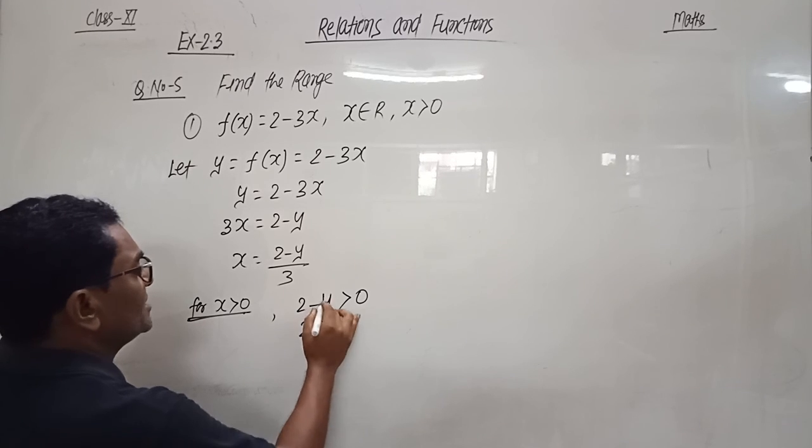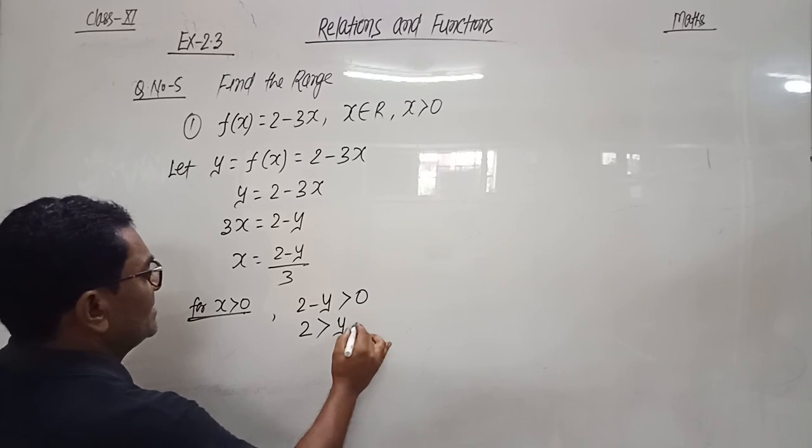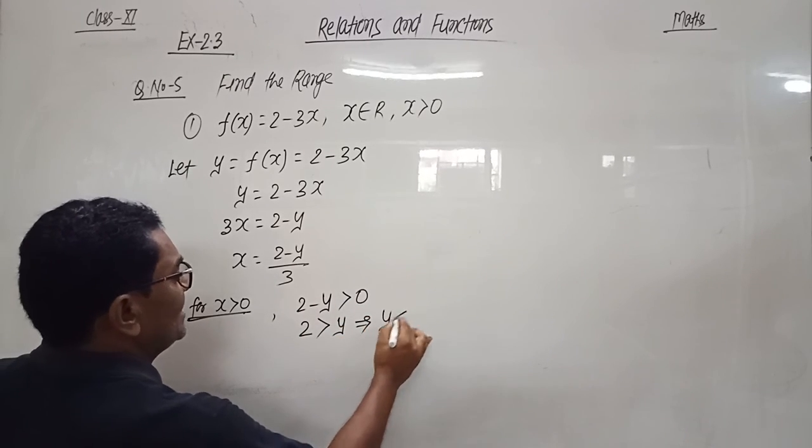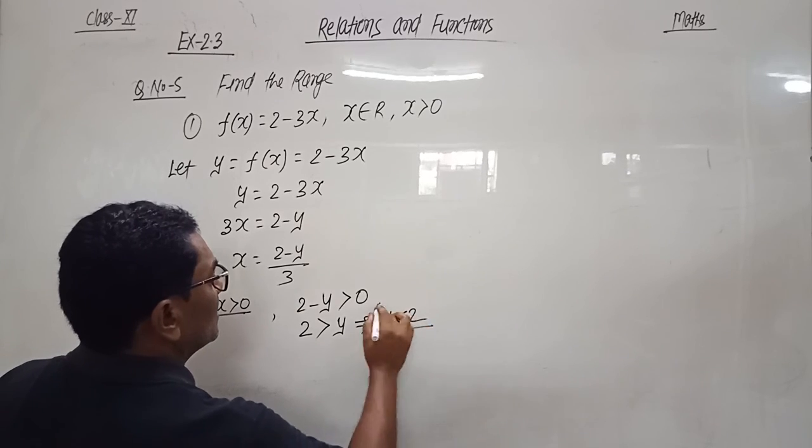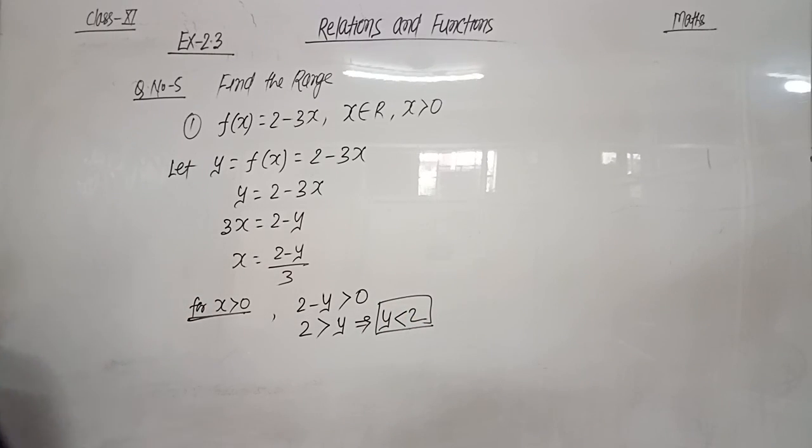It means 2 is greater than y, and this implies y is less than 2. So for x greater than 0, y should be less than 2.